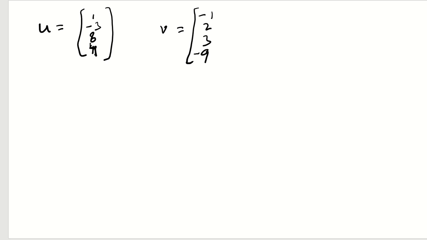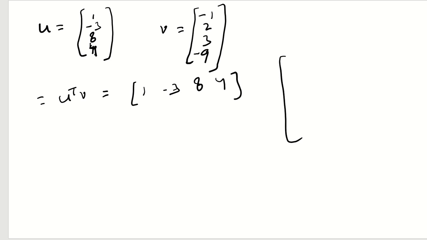Now if you remember, I had to transpose u. So I'll write it like this: 1, -3, 8 and 4, right? Then we had v, so I'll write it like this: -1, 2, 3 and -9. Perfect.